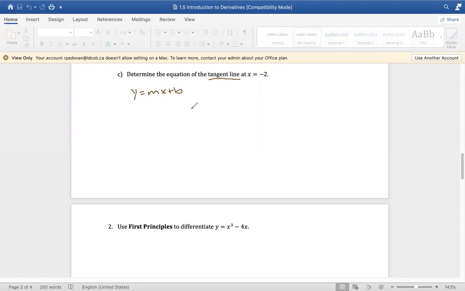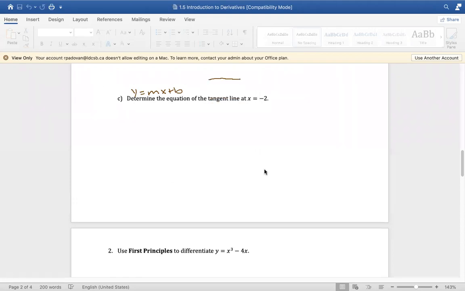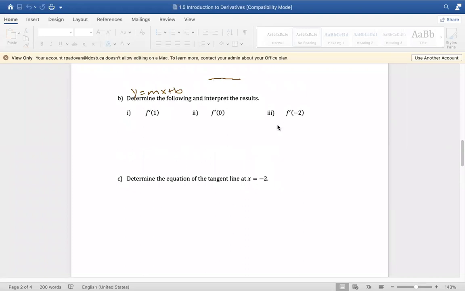So I know that if I go up here, this answer, which was here, I'll write it in again, and then I'll just erase it again. This answer here, f prime at -2, right, was -12 times -2. We had an answer of 24.